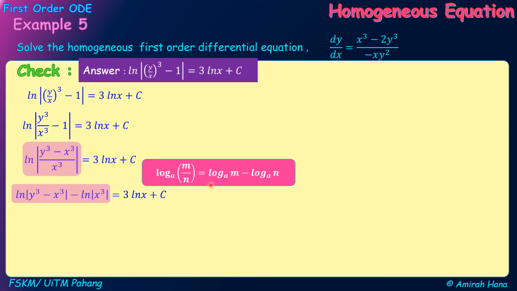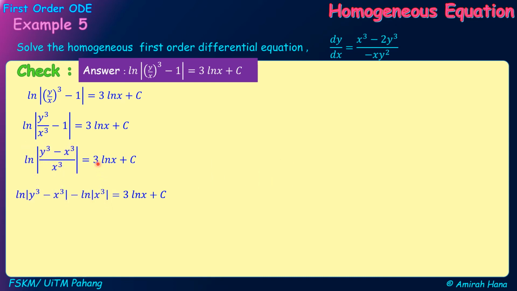We can split into ln |y cubed minus x cubed| minus ln x cubed, because division becomes subtraction, and then equals 3 ln x plus c.